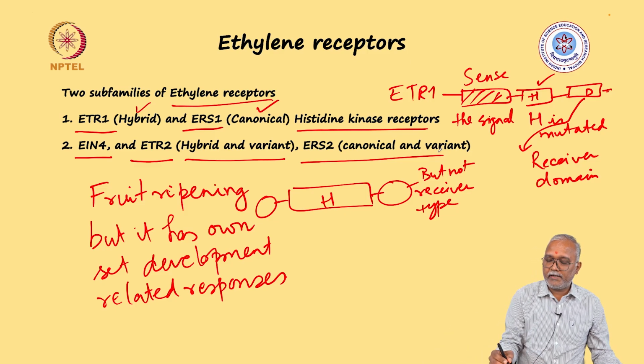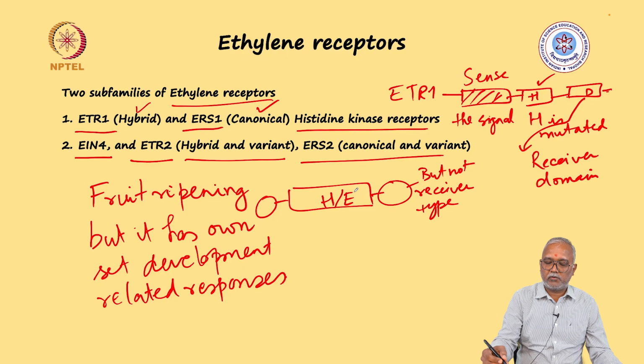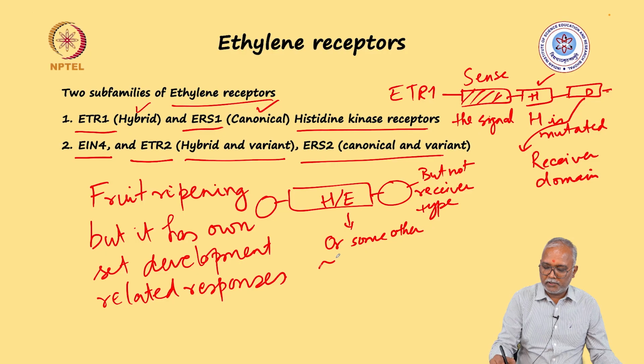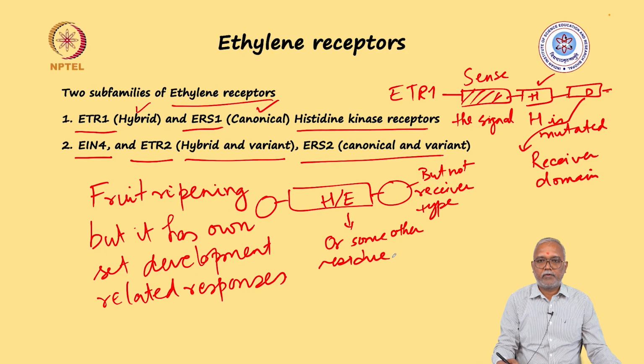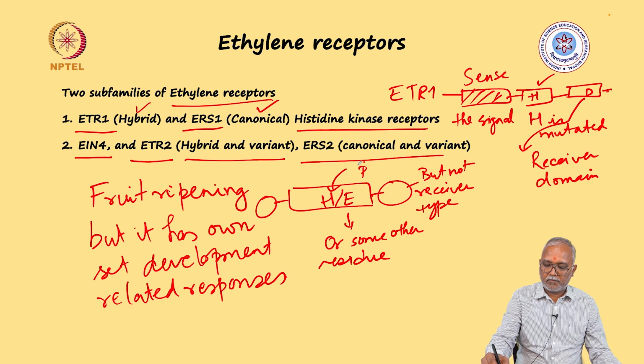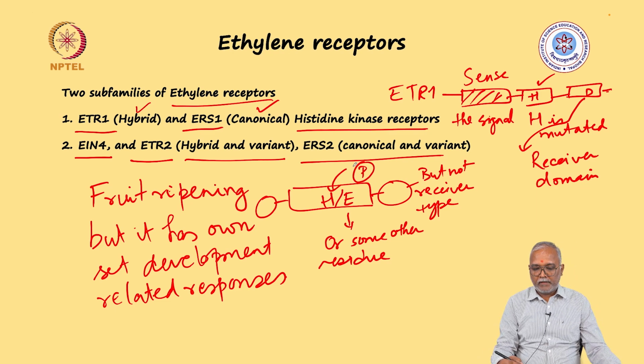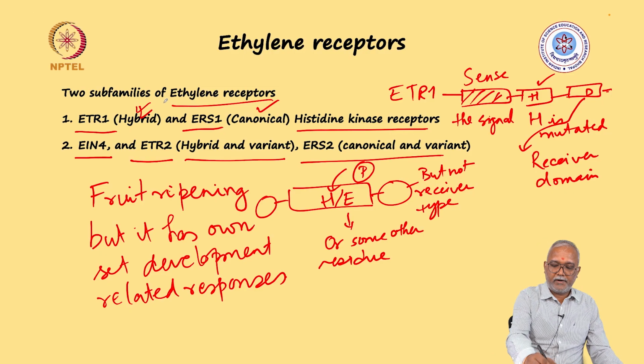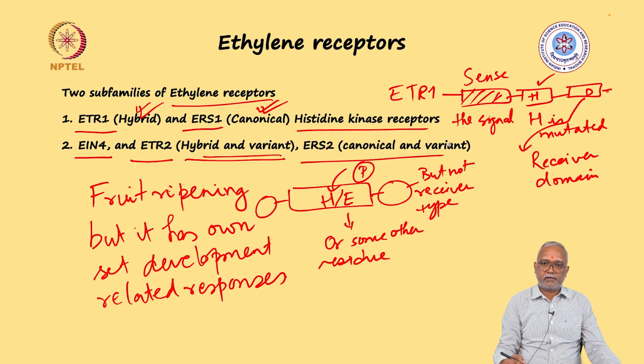And when you say variant, here again it could be something like this: histidine is mutated to glutamate or some other residue which is incapable of accepting the phosphate group. So if we see different types of ethylene receptors, you find all possible combinations: hybrid type, canonical type, hybrid and variant, canonical and variant. Together they will be serving to mediate the ethylene signaling process.